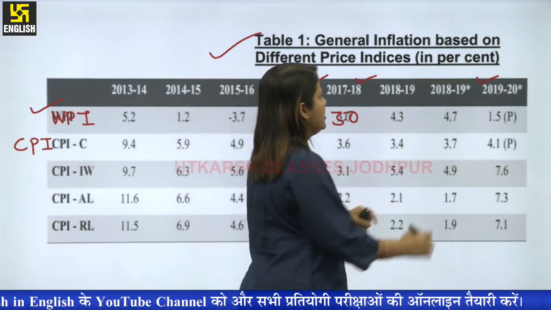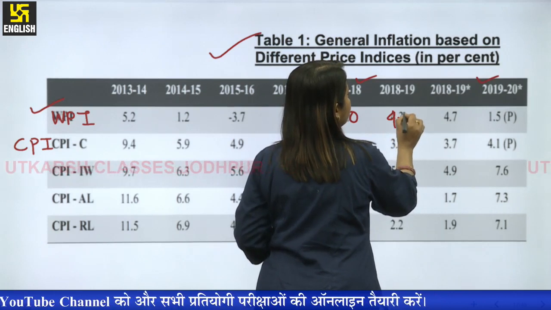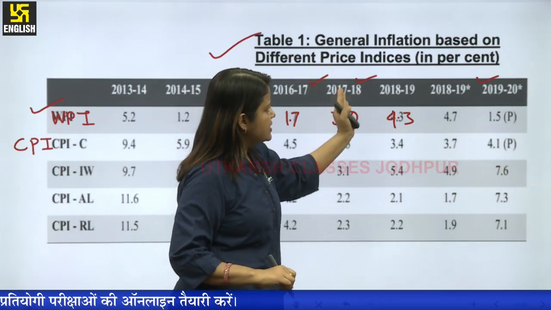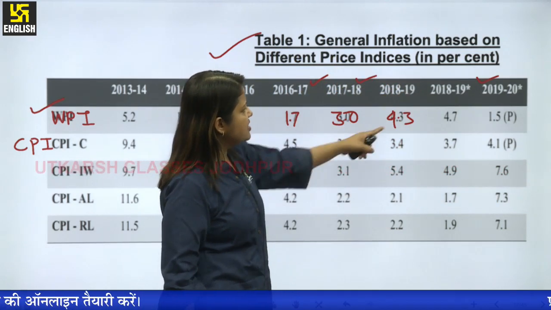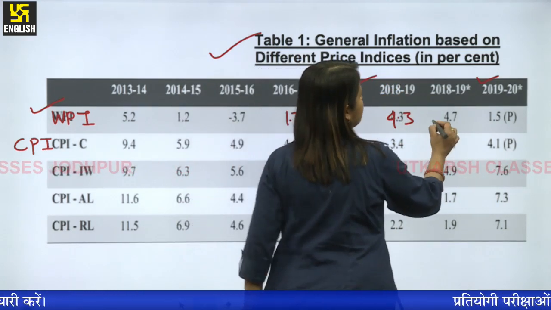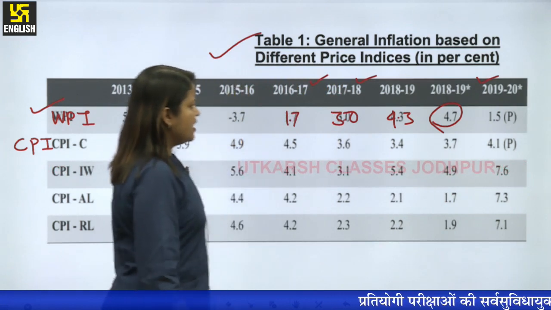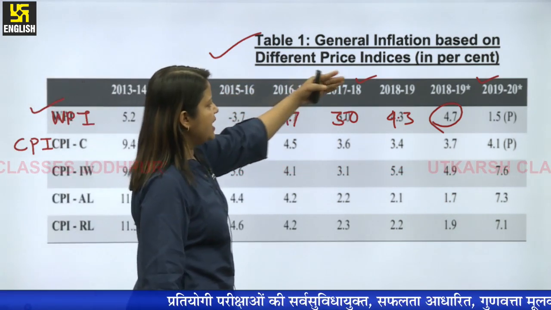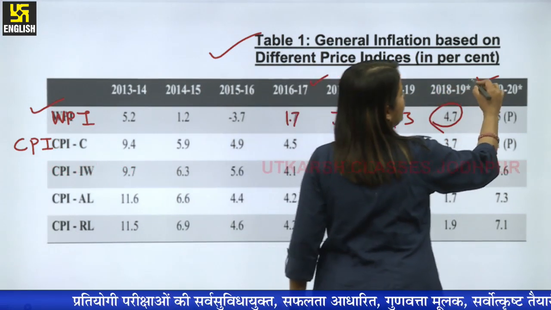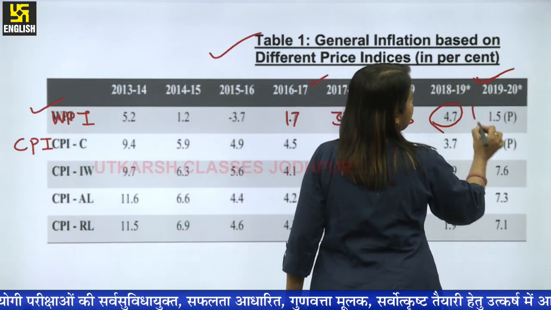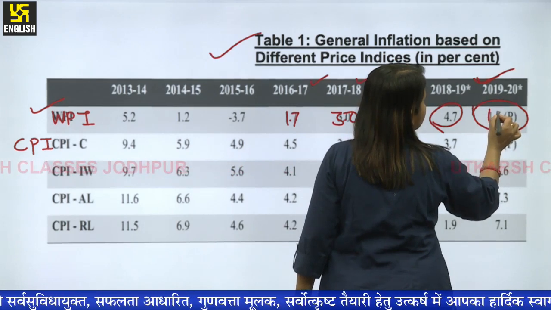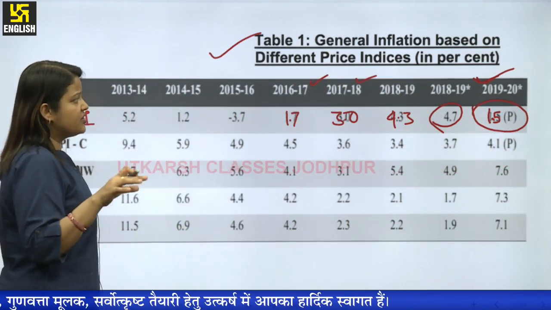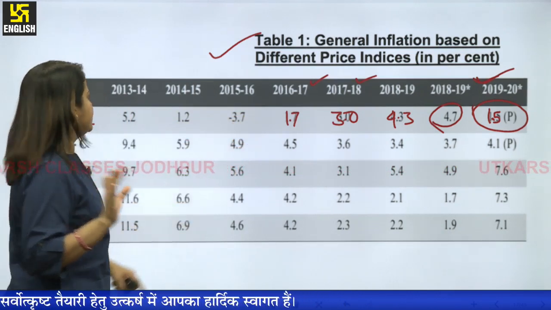It further increased up to 4.3% during 18-19, and in the second quarter of 18-19 it increased up to 4.7%. So we see a rising trend in the wholesale price index up to 2018-19, but in the first quarter of 19-20 it decreased to 1.5%. So we see a decreasing trend after 2018-19.